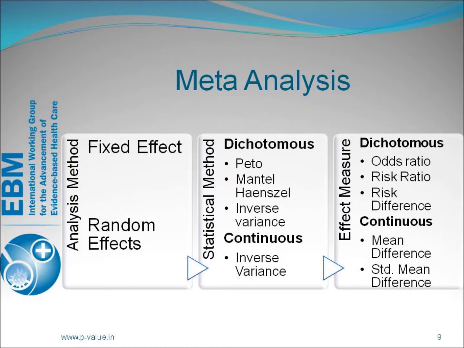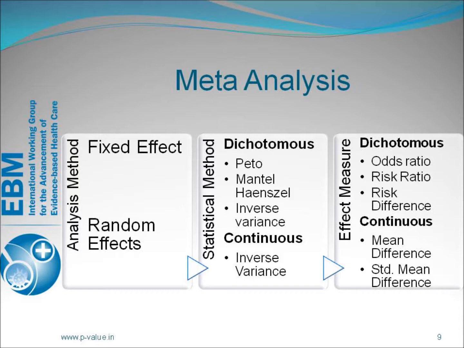Once the data is extracted from the study, there are different statistical ways of doing a meta-analysis. First, the analysis method may be either fixed effect or random effect model. Second, the different statistical methods are used for dichotomous and continuous data. Third, there are different ways to represent the effect measure.